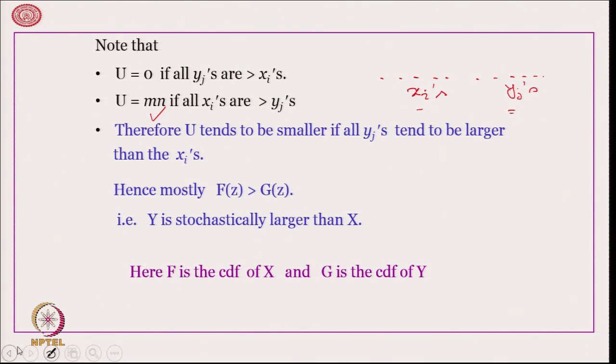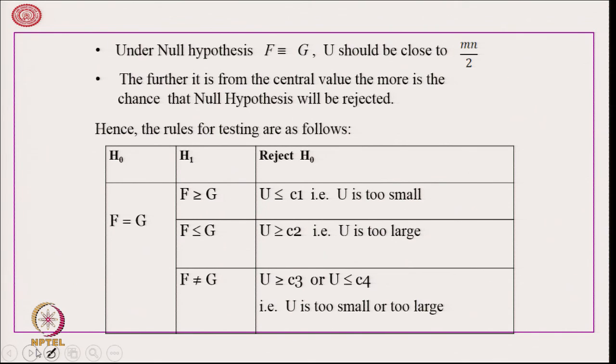Similarly, as we have seen in the previous slide, f z greater than g z implies y is stochastically larger than x. Therefore, the test that we want to do is whether they have the similar distribution, that is f is equal to g, then u should be close to mn by 2, because the range of u is from 0 to mn, and therefore the average value will come to be mn by 2.